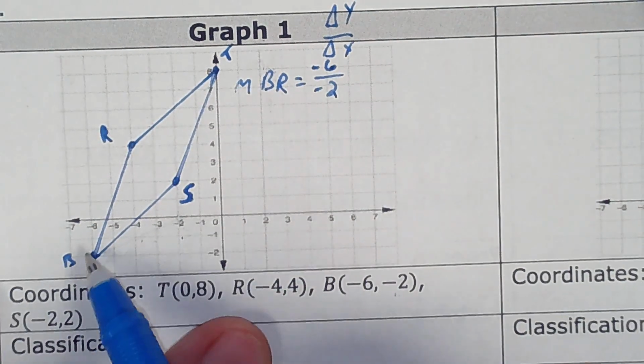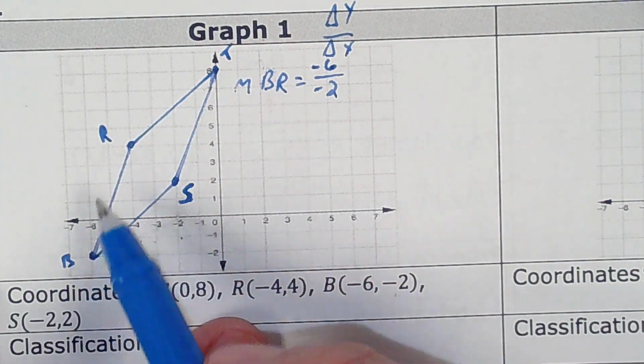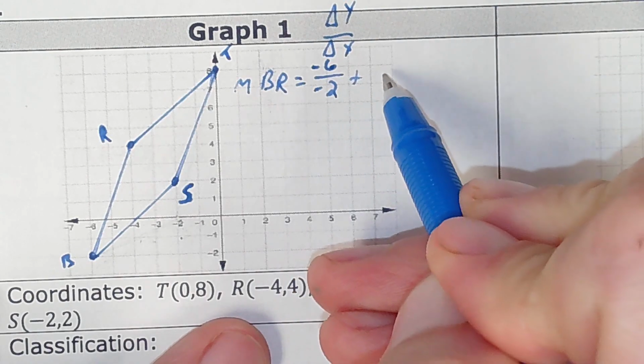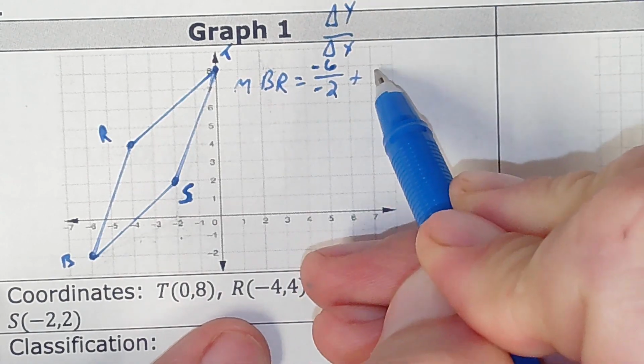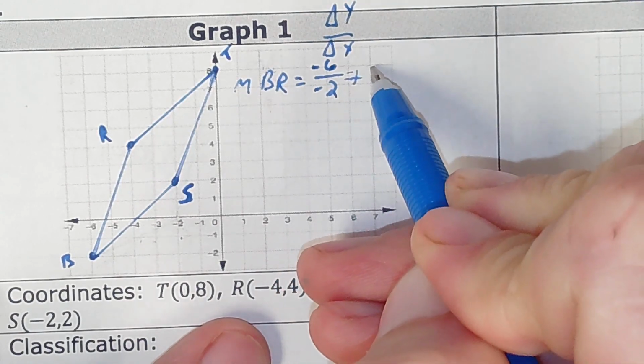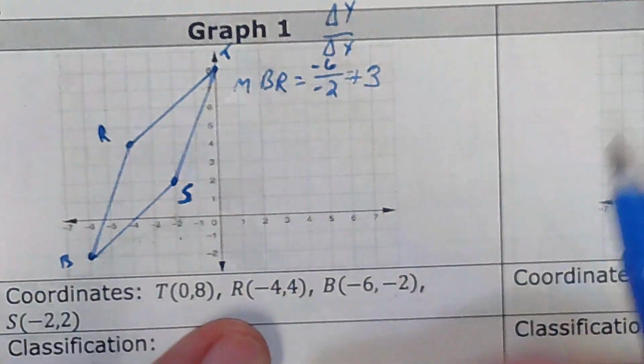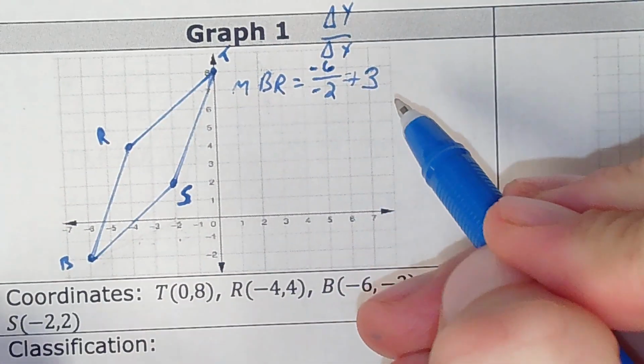Alright, so that makes sense. I got a positive slope, right? So that ends up being positive 6/2, which is +3. That's a +3.